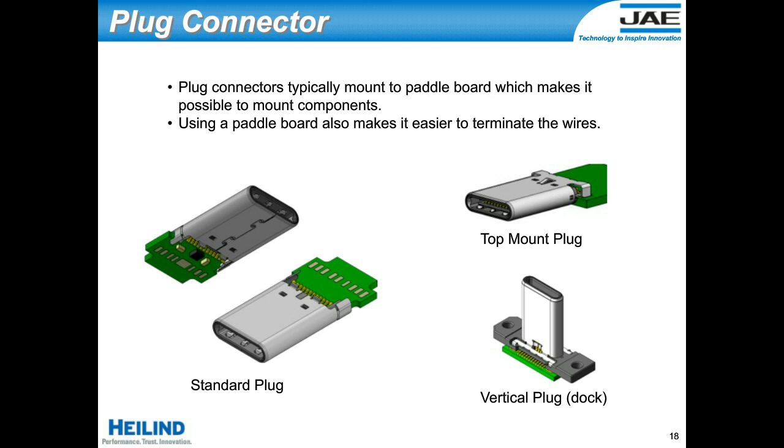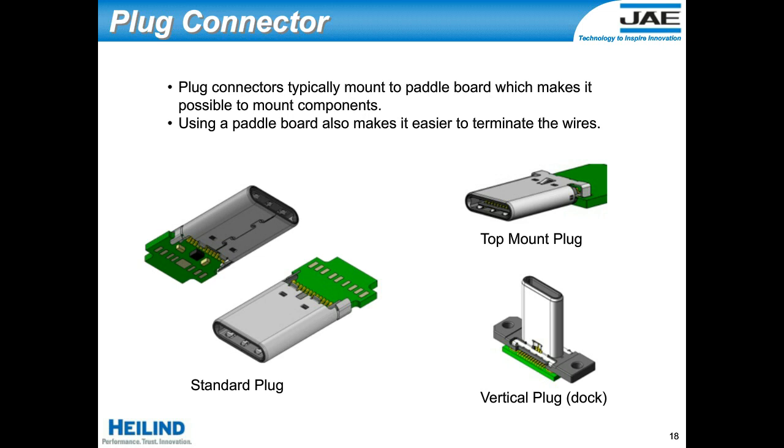So you can see on the back end of these paddle boards the rectangular shaped pads, and that's where you would be soldering the wires inside the cable to. So obviously, once you transition to a paddle board, it's possible to spread out the spacing between those pads to make it easier to solder larger wire sizes. Whereas if it was 0.5 millimeter contacts, the way the USB Type-C mating area is, it would be difficult to fit larger wire sizes directly into the back of the contacts.